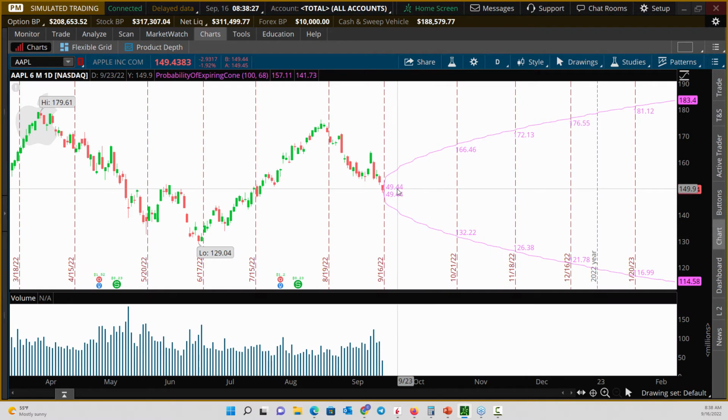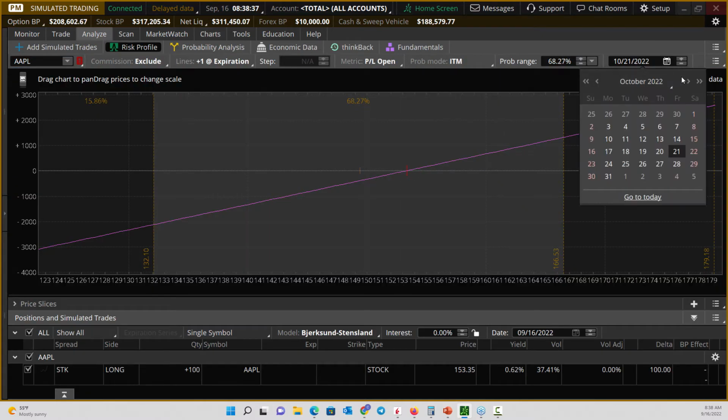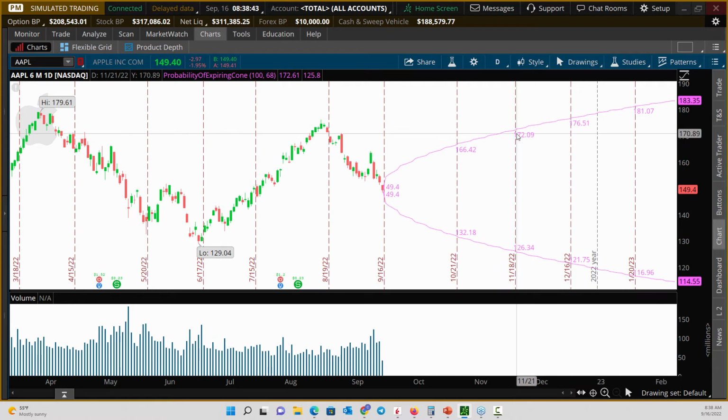Or if you go to the chart, it just shows these lines and that's your 1 standard deviation. Look at this, 172 to 126. If I go to November, 172 to 126. So they're creating that probability of expiring cone.